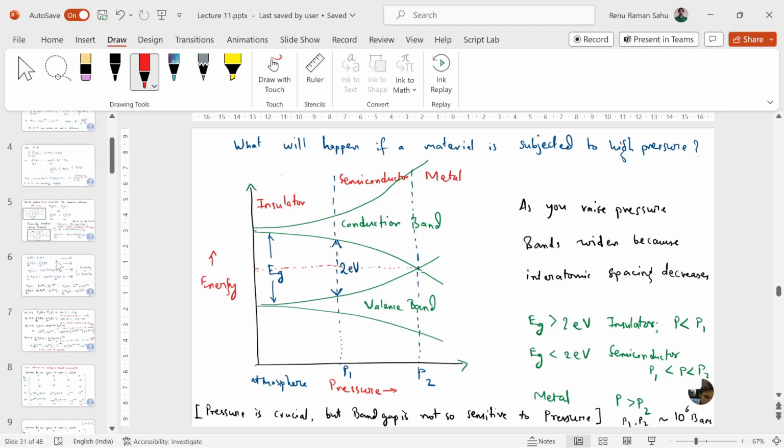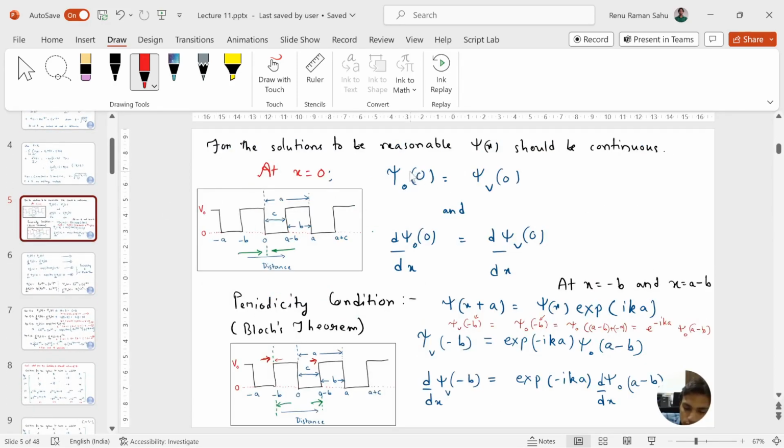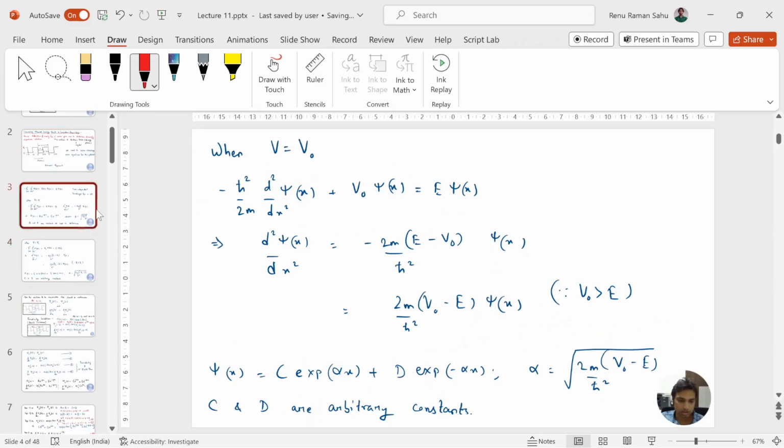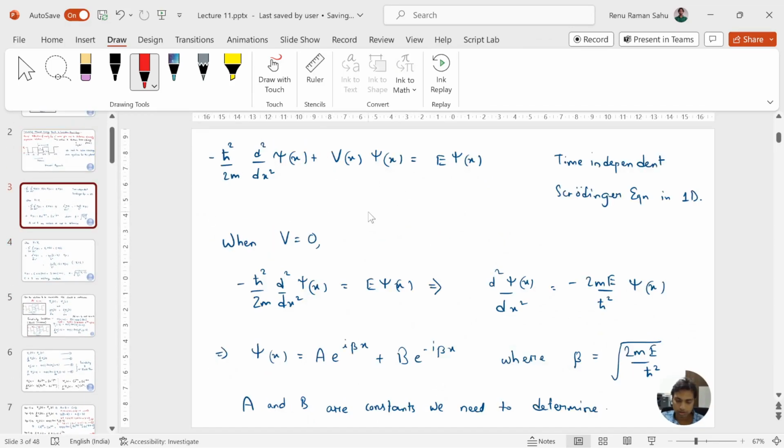In the Schrodinger equation, the wave function is continuous, and the slope of the wave function is continuous. There is no t there, no time. This is the time independent Schrodinger equation in one dimension.